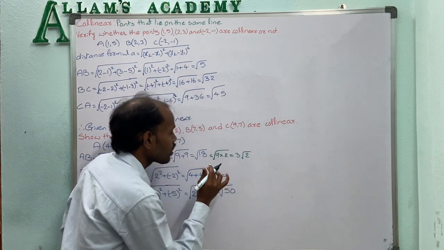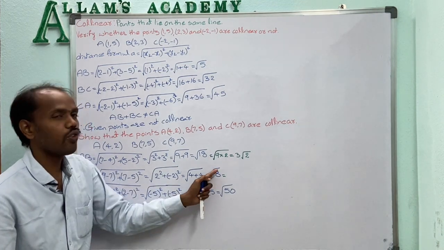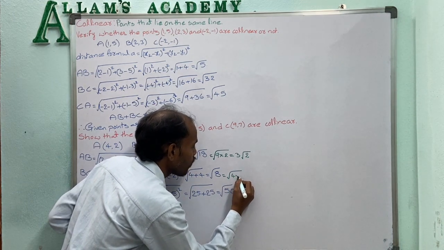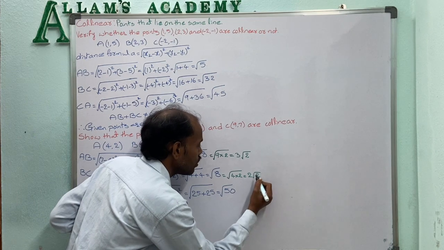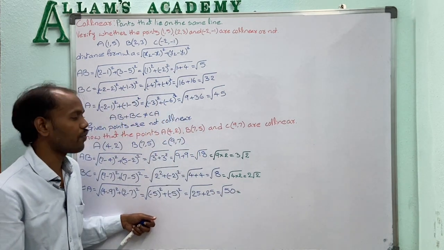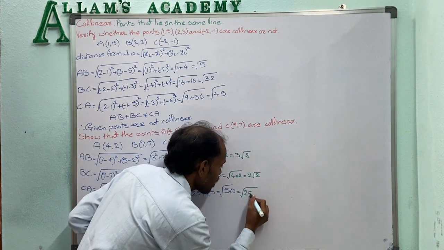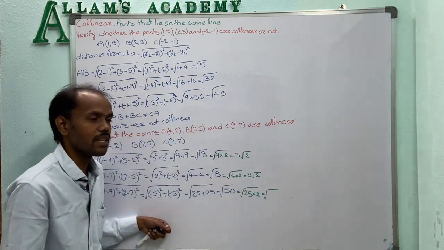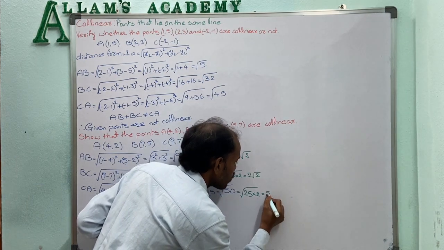Now root 8 we can express as root 4 into 2, which is root 4 into root 2, that is nothing but 2 root 2. Next, 50 can be expressed as 25 into 2. So root 50 is under root 25 into 2. Root 25 means 5, so it is expressed as 5 root 2.